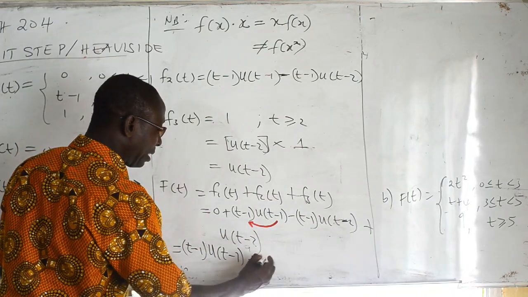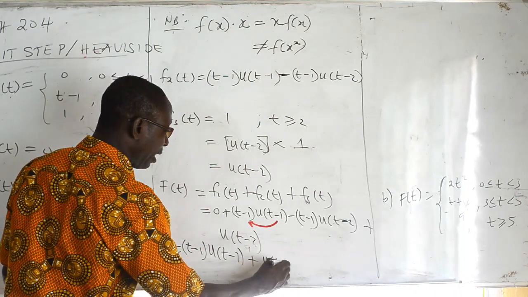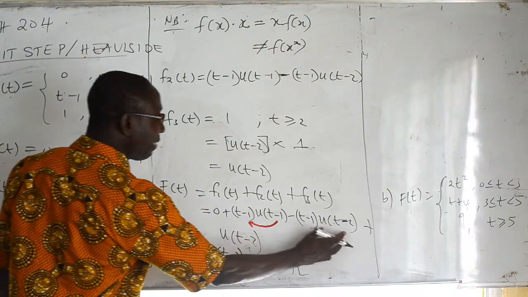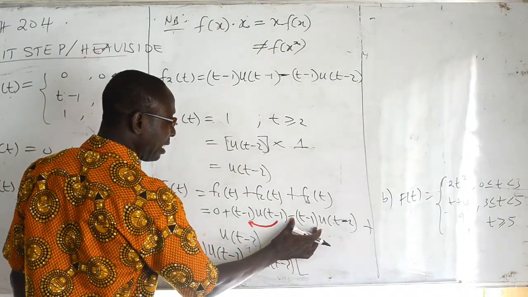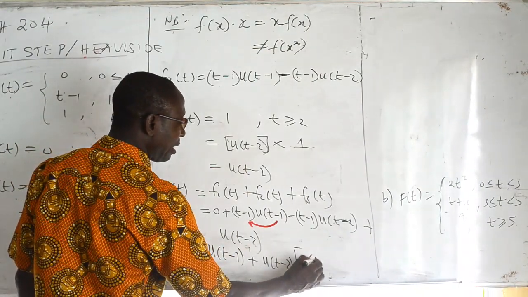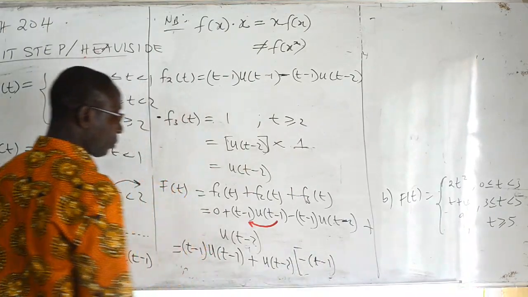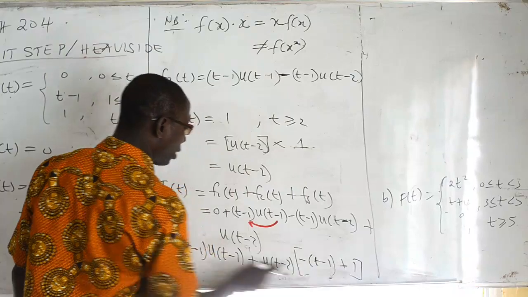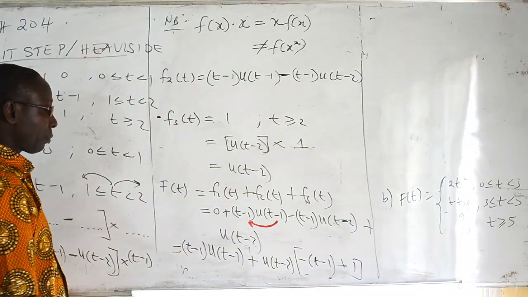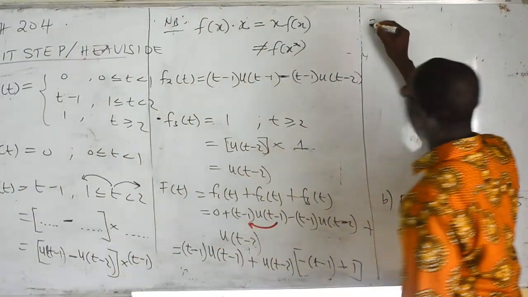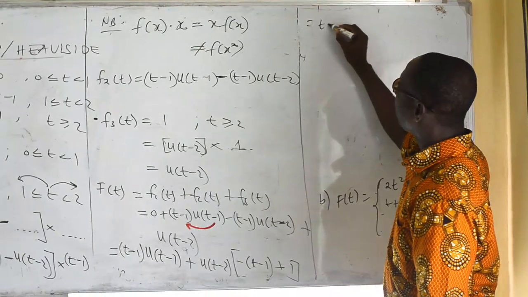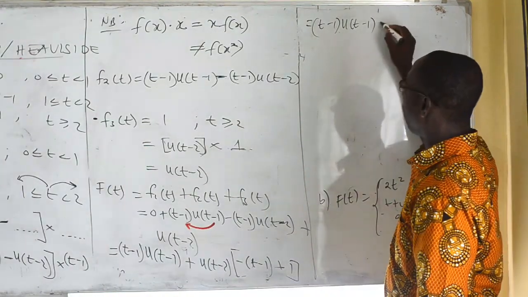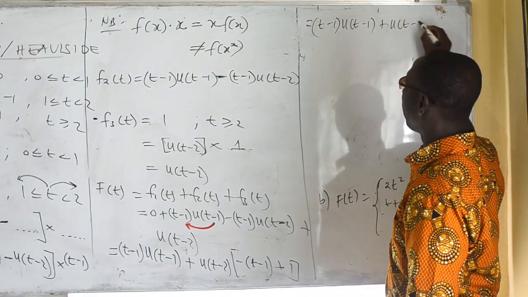So we write plus u(t minus 2) factored out. What is left here, if this is factored out, is minus t minus 1. What is left here is 1 because I have factored this one out. So we come to this side, we have t minus 1 u(t minus 1) plus u(t minus 2).